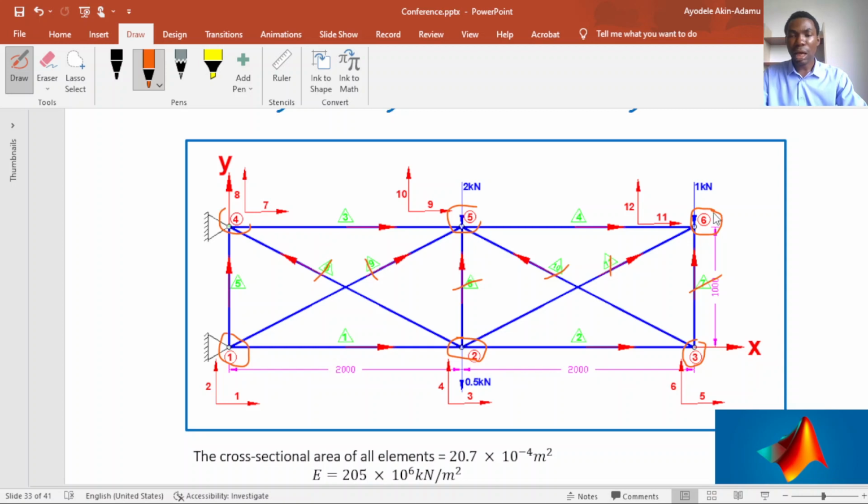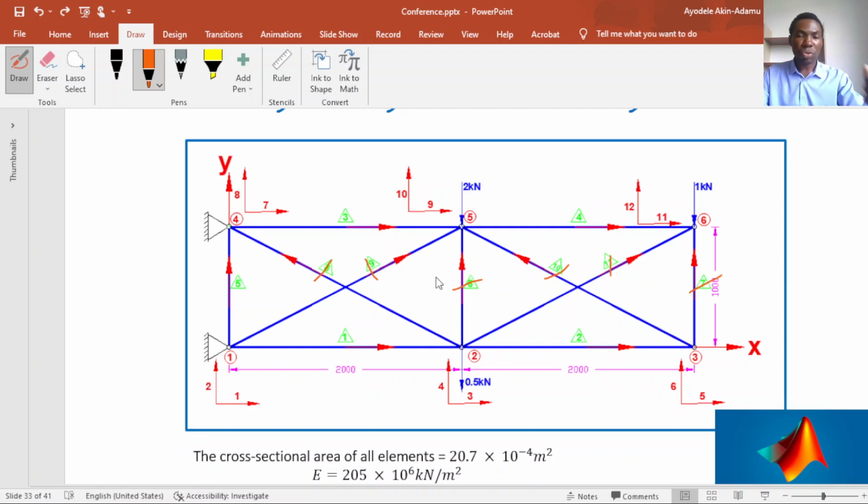This is how I numbered my truss system. You can decide to say this node 4 is your node 1, and node 5 is your node 2, node 6 is your node 3, node 1 is your node 4, in any order. But this is how I decided to number the truss system to solve this problem. It is your choice. So that is how we number each node in our truss system.